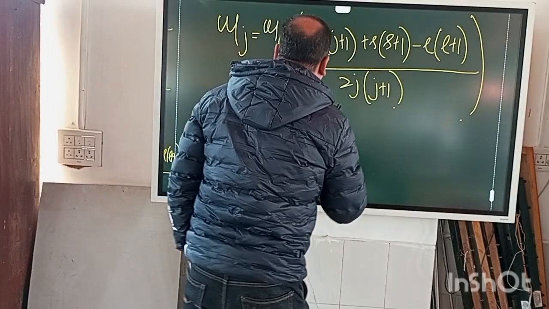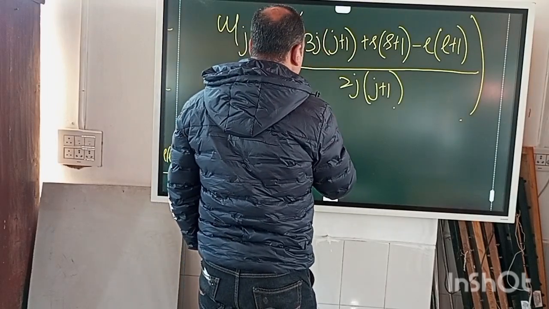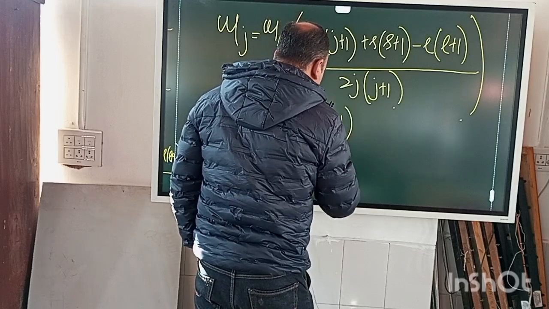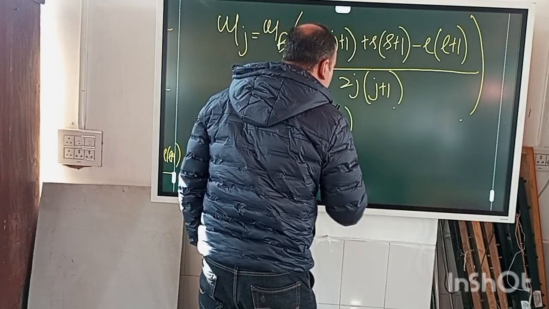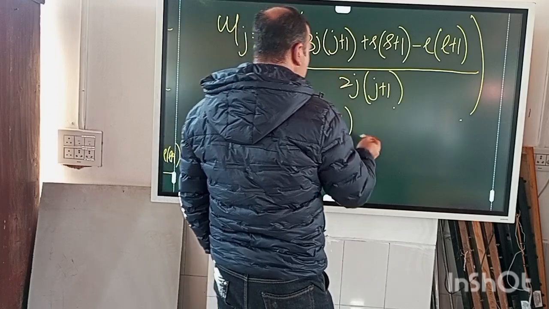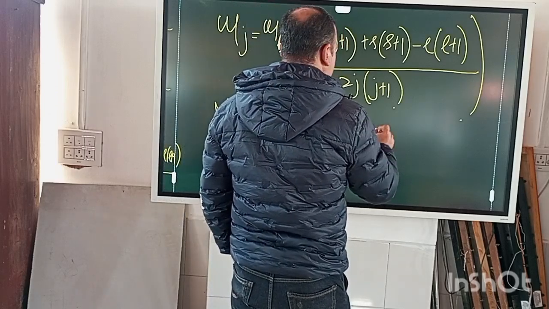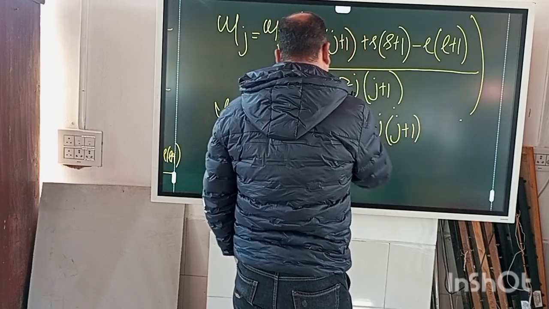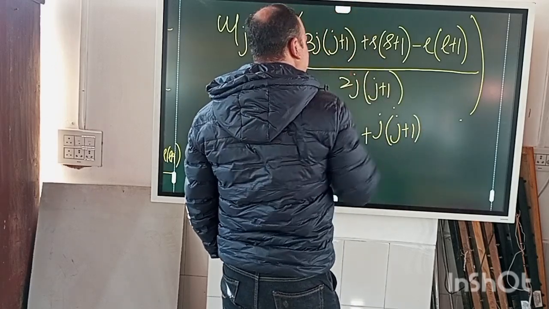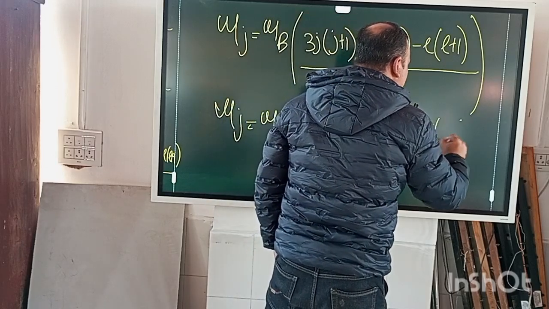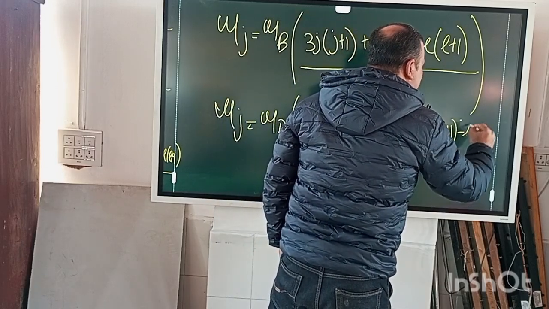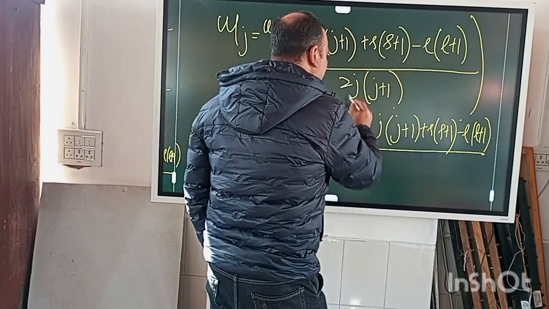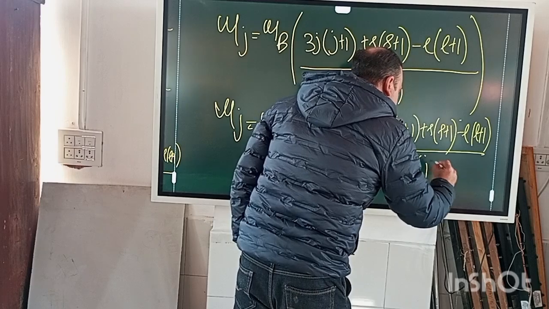Alright, this is it. So mu J will be mu B, and I can write it like this: 2J times J plus 1 divided by 2J times J plus 1, plus J times J plus 1, because this, when added with this, will give us 3J times J plus 1, plus S times S plus 1 minus L times L plus 1, also divided by 2J times J plus 1.